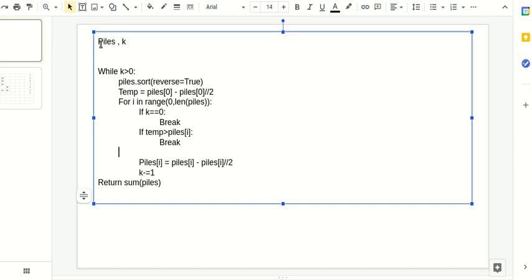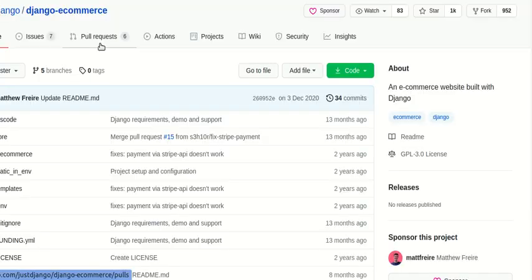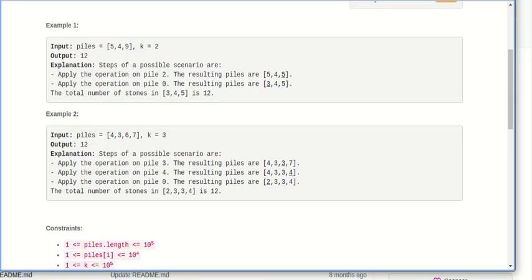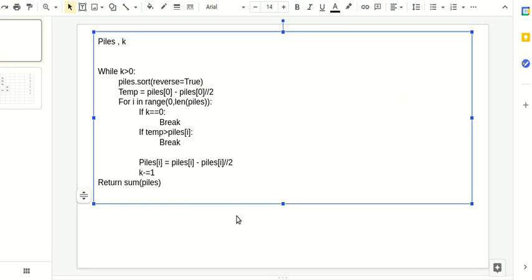So what I'm saying is, guys, if piles[i] is greater than or equal to temp, then we do the below operation, and we keep on doing it until temp is greater than piles[i].